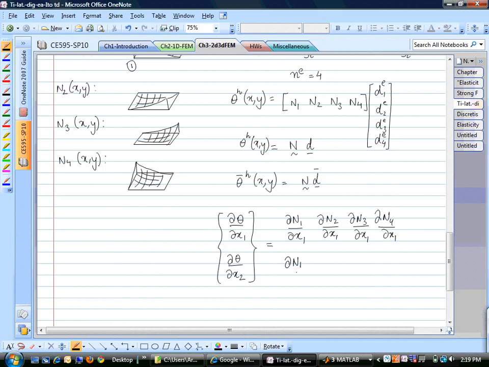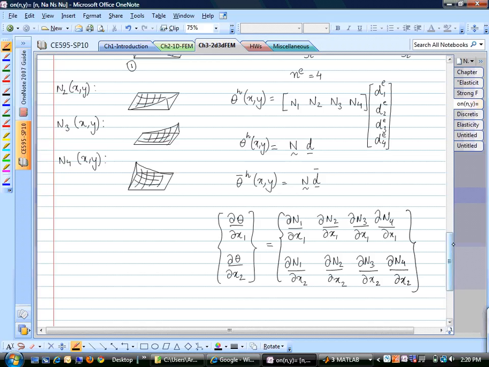And the same thing here, dN1 over dx2, dN2 over dx2, dN3 over dx2, dN4 over dx2. I keep on making these mistakes. This entire matrix is very similar to the matrix that we had for our strain displacement matrix.